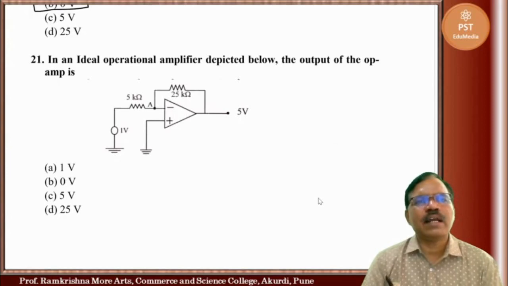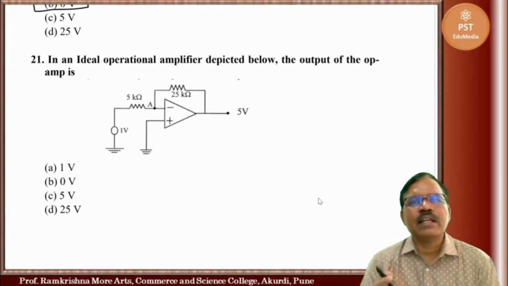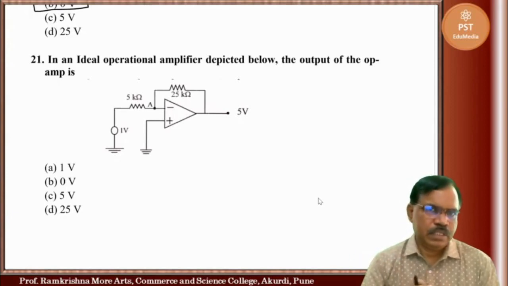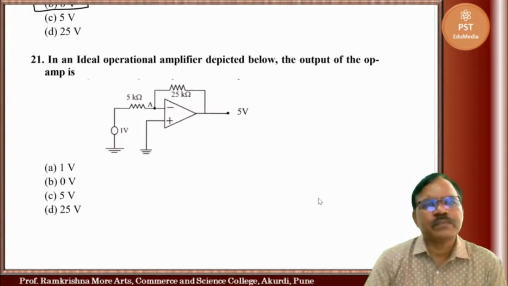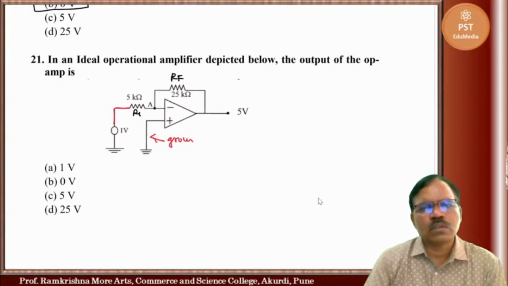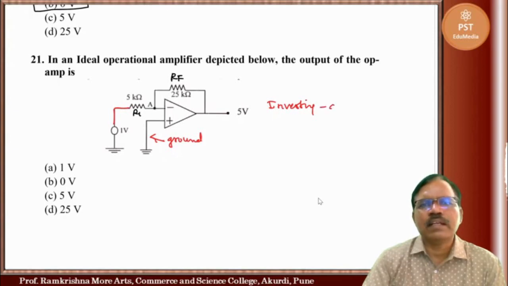In an ideal operational amplifier depicted below, the output of the op amp is? Now here this is Rf, this is R1, and here the input is given to the inverting terminal and the non-inverting terminal is connected to ground. So this is an inverting amplifier. What is the gain of an inverting amplifier?